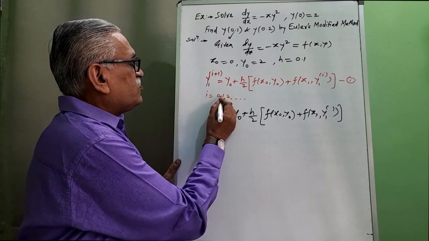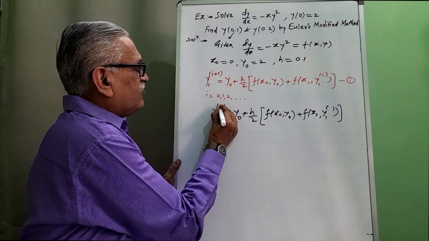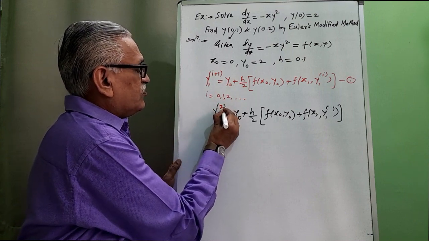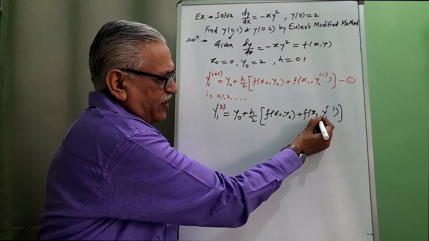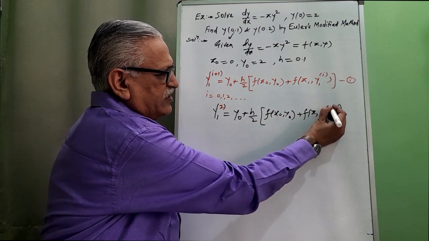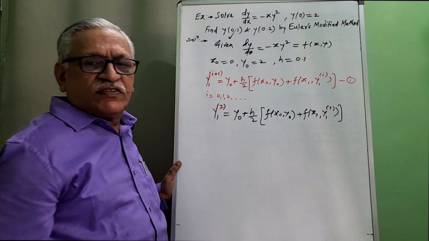And then substituting i equals 1 to get the next approximation. Substituting i equals 1, 1 plus 1, we get y1 superscript 2, y0 plus h by 2, f of x0 y0, f of x1 y1 raised to 1, the first approximation.